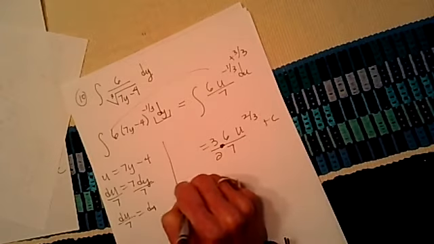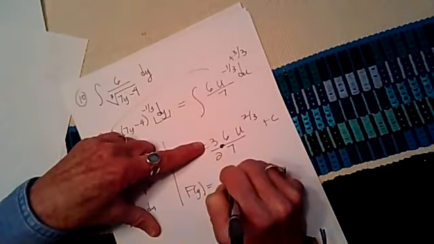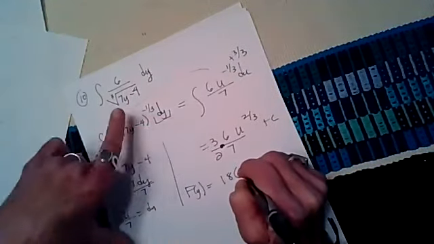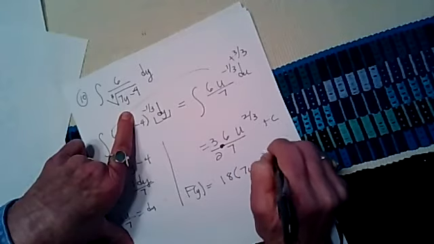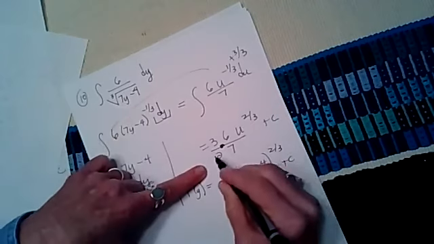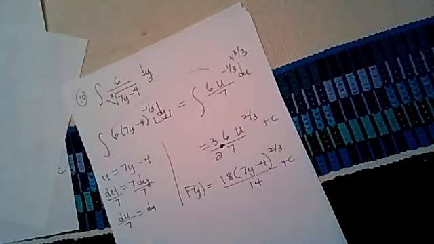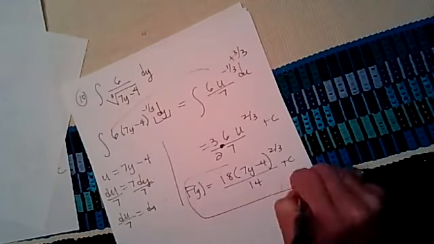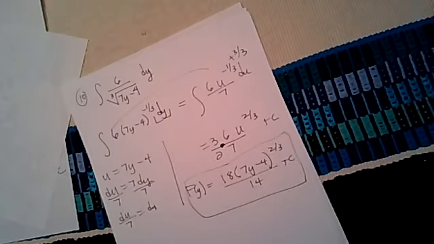So my antiderivative with respect to y is 6 times 3 is 18 times (7y minus 4) to the 2/3 over 14 plus c. And you could say 2 goes into 6, 3 times 3 is 9 over 7. It doesn't matter if you reduce or not. I just say leave it because you could make rounding errors. Okay?